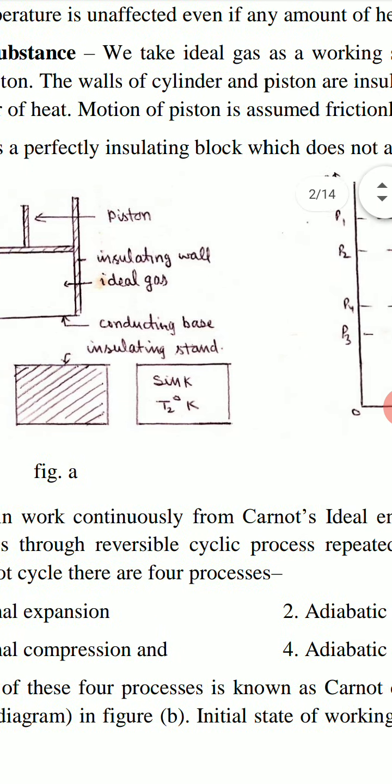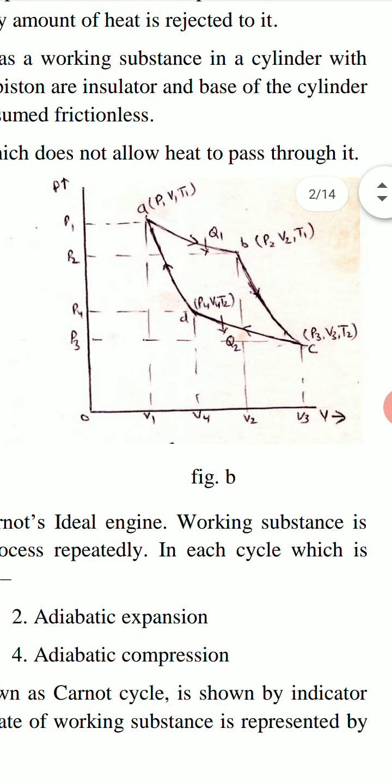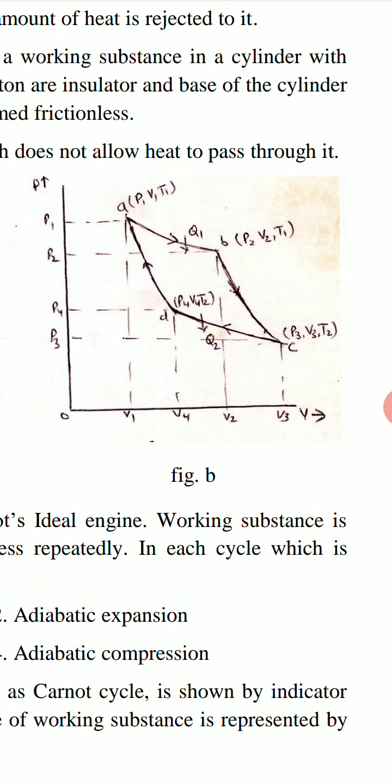For adiabatic process, equation of state of ideal gas is PV to the power gamma equal to constant. Here gamma is equal to Cp upon Cv. Cp is heat capacity at constant pressure, while Cv is heat capacity at constant volume.